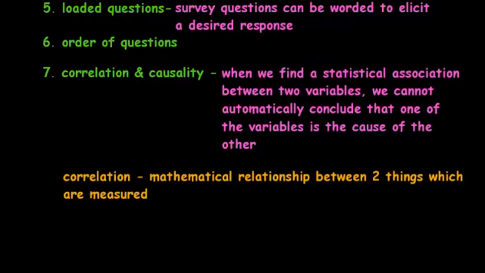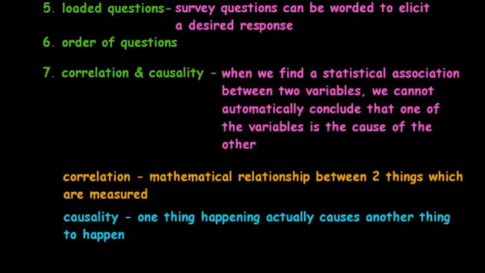When we say correlation, that represents a mathematical relationship between two things that are measured, whereas causality means that one thing happening actually causes another thing to happen. So we want to be careful to claim that correlation results in causality.